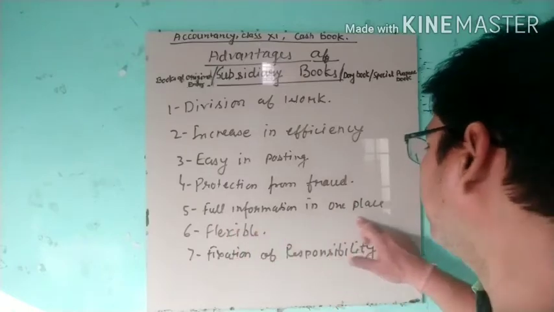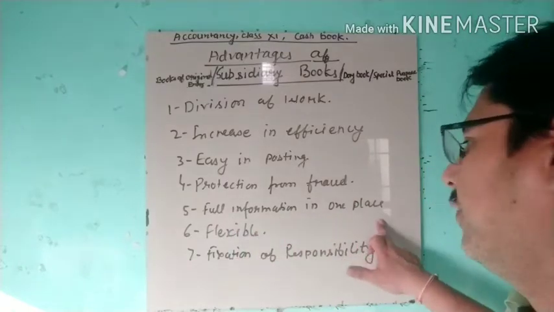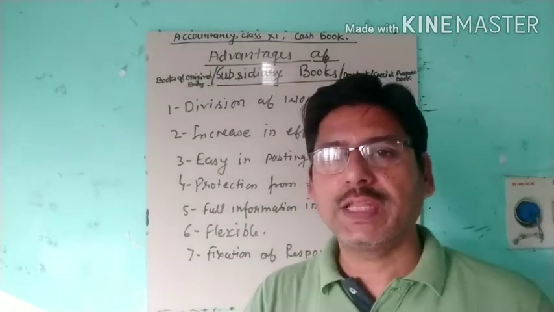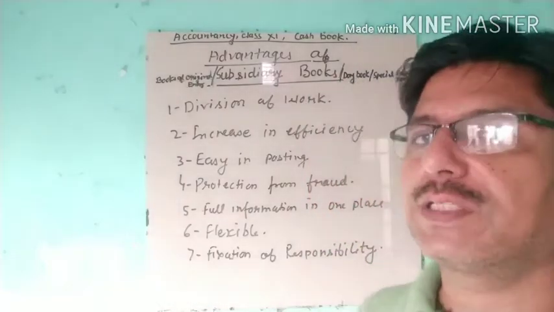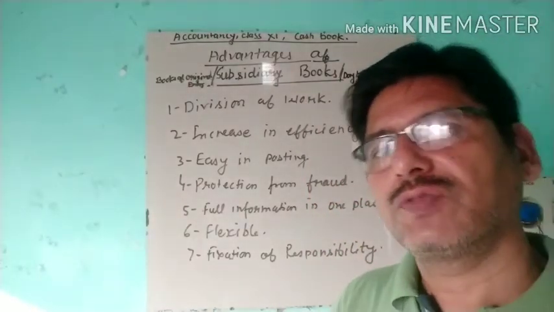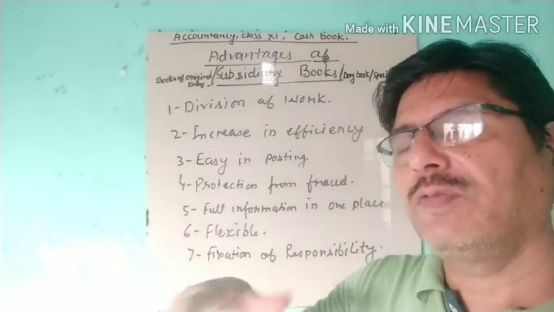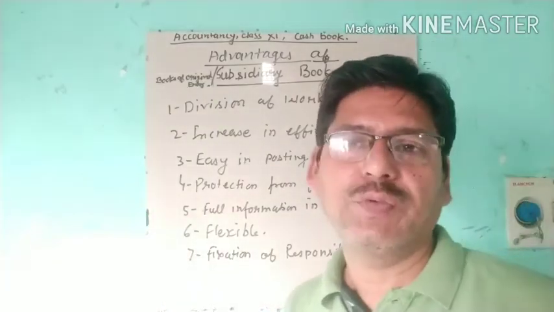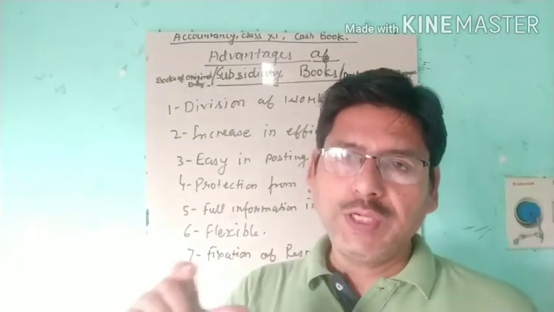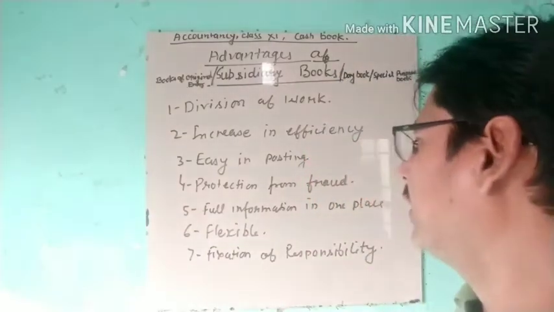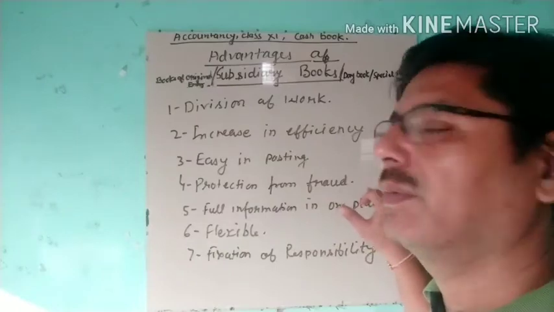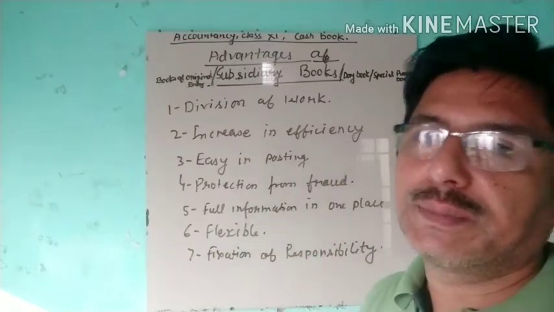Then comes full information in one place. We get all information related to one thing in one place. Like if we want to know the credit purchases, we will get it in one place. Or if we want to know the position of cash, we can know it immediately in that particular place.